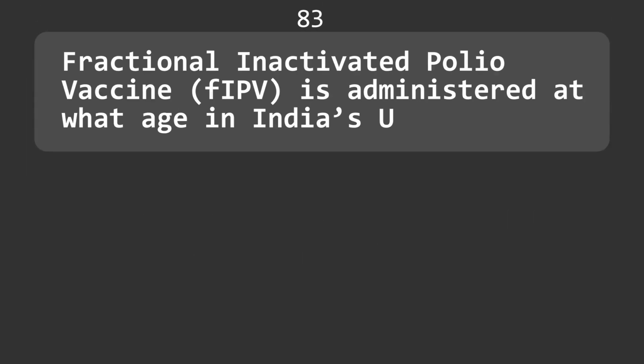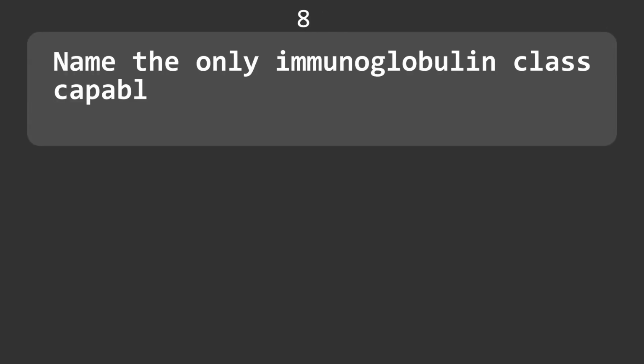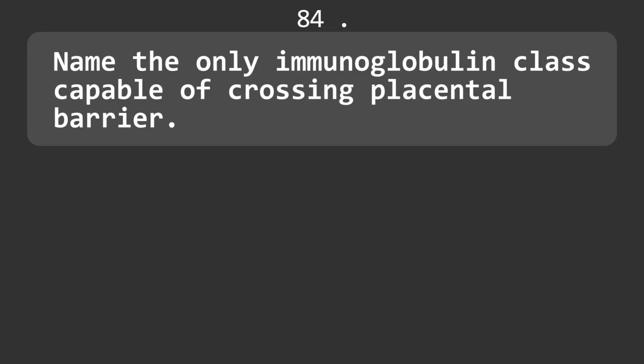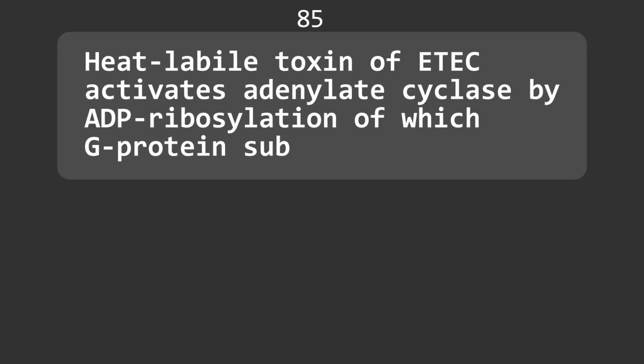Fractional inactivated polio vaccine, fIPV, is administered at what age in India's UIP? 6 and 14 weeks, 0.1 ml intradermal. Name the only immunoglobulin class capable of crossing the placental barrier. IgG. Heat-labile toxin of ETEC activates adenylate cyclase by ADP ribosylation of which G protein subunit?